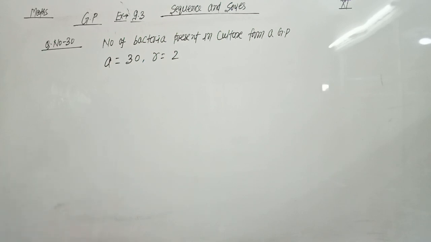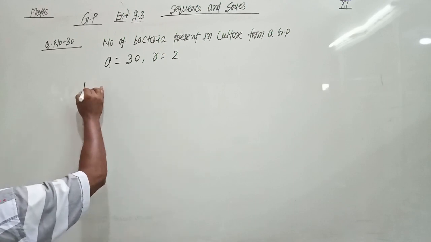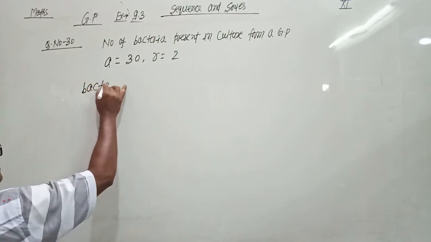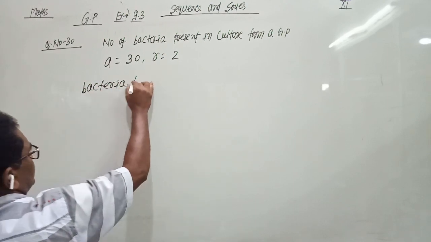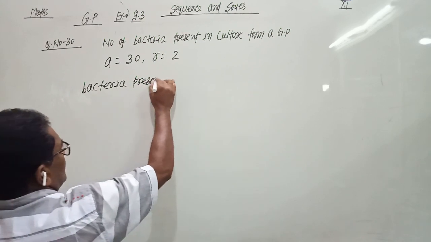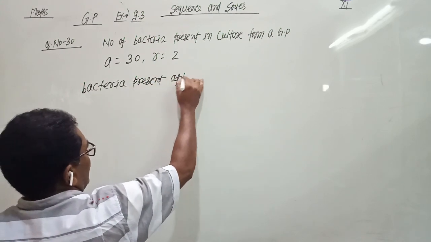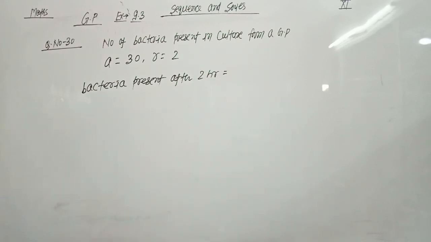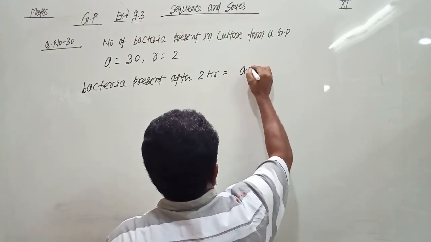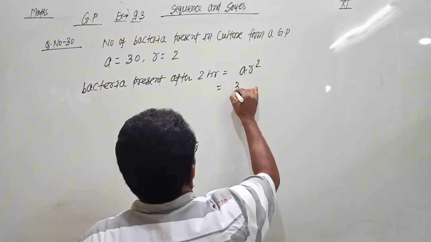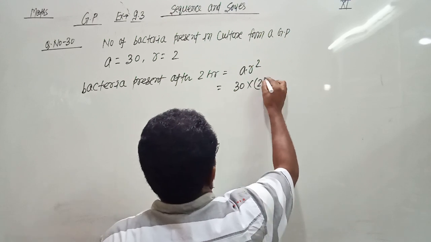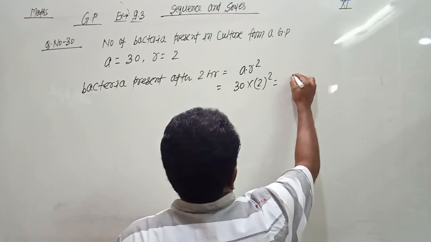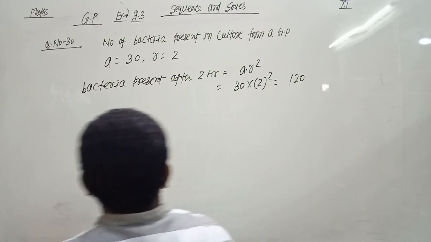So we have to find the bacteria present after 2 hours. The bacteria present after 2 hours, we use the formula A into R square. The value of A is 30, R is 2. So 30 into 4, 120.